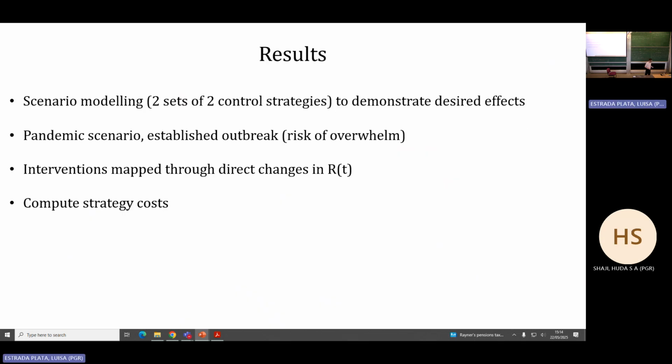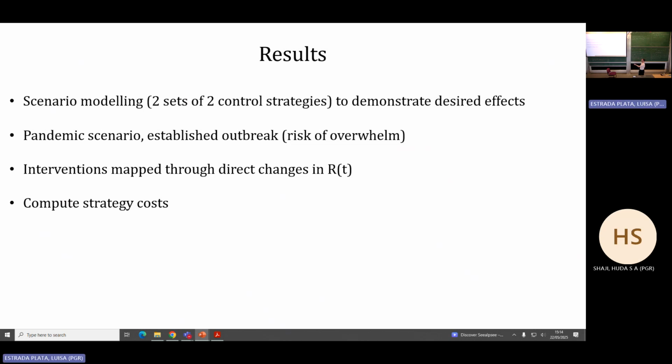So to demonstrate how this works in comparison to traditional hard constraints, I'm going to outline some scenarios. So this is 2 sets of 2 control strategies directly competing. By control, this is implementing lockdowns or social distancing measures to demonstrate scenarios where a soft constraint framework would be more favorable.